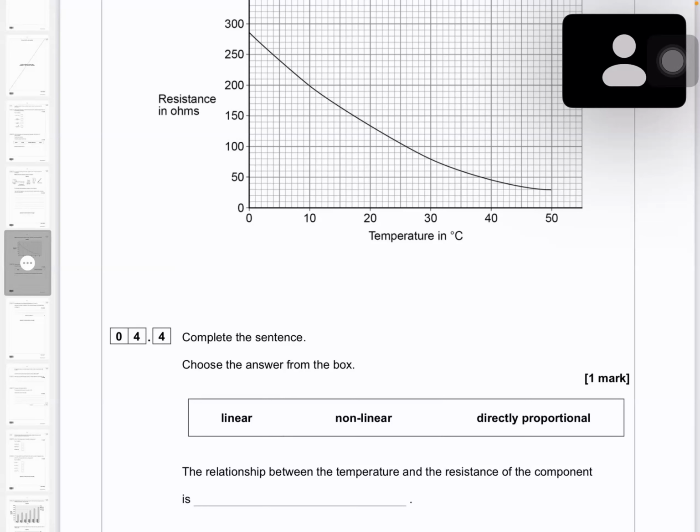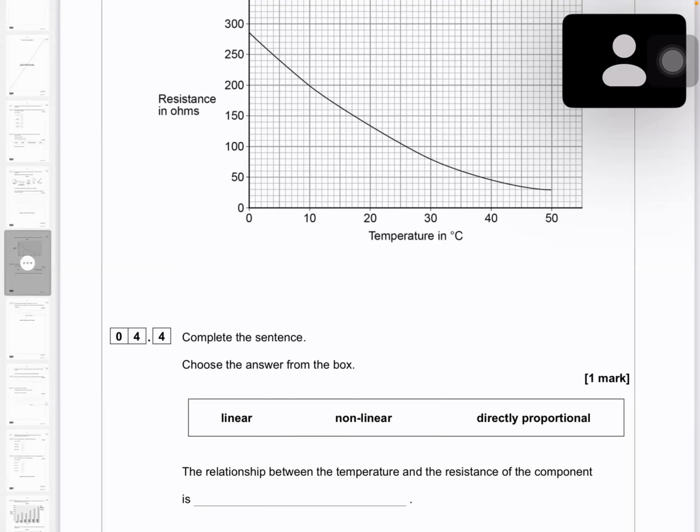And we can't take directly proportional. Do you know why? No. Directly proportional suggests that as one increases, the other one too increases. But we can see clearly that that's not what this graph is suggesting. As one increases, the other one reduces. But we can establish the fact that it's non-linear.